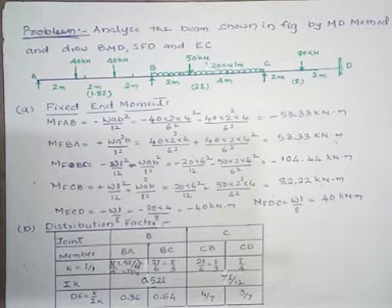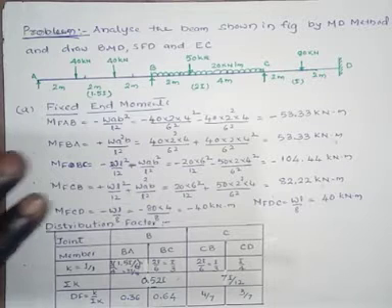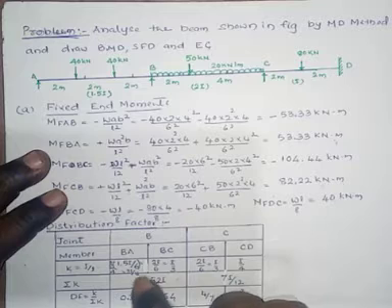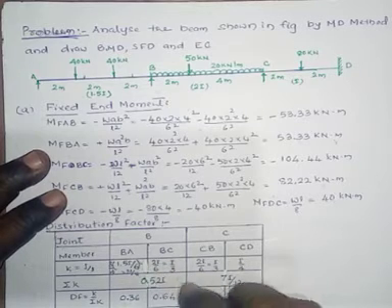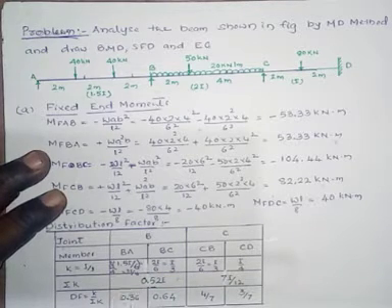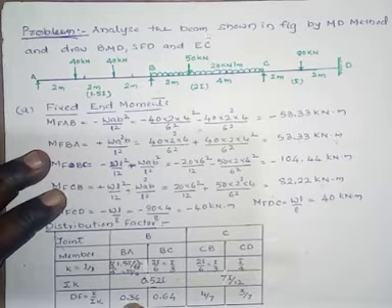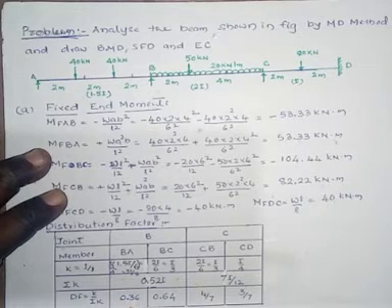After that we have to calculate the distribution factor at that joint. This distribution factor is distributed among these two members. For BA, KBA divided by KBA plus KBC, that one is 0.36.